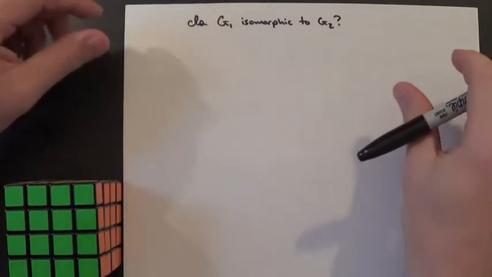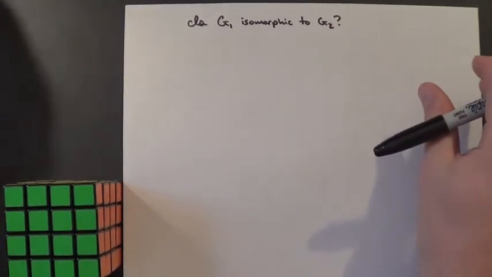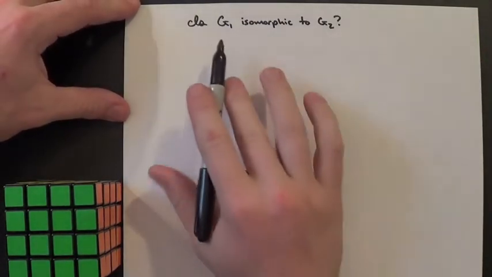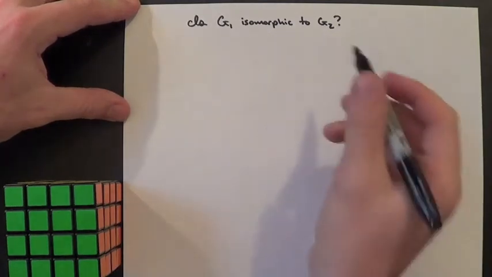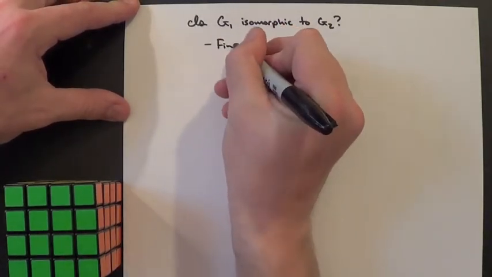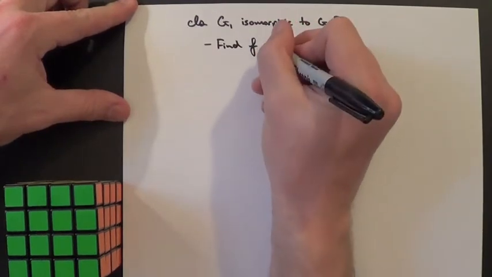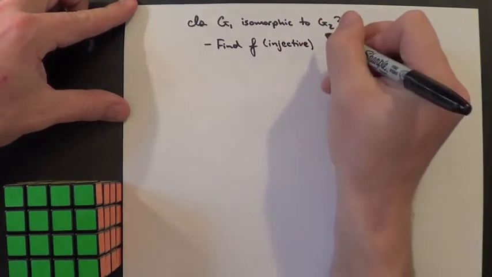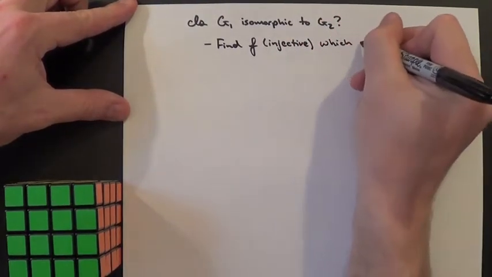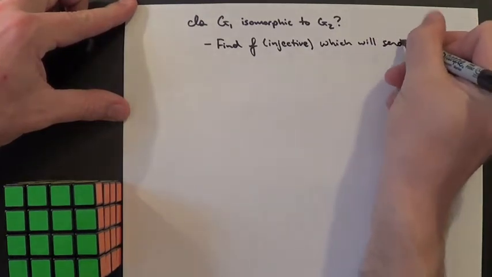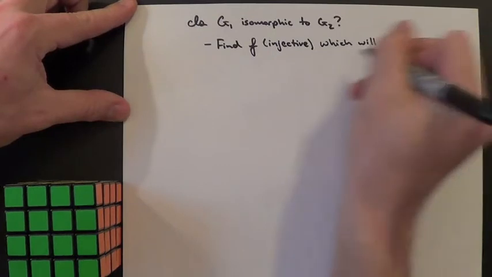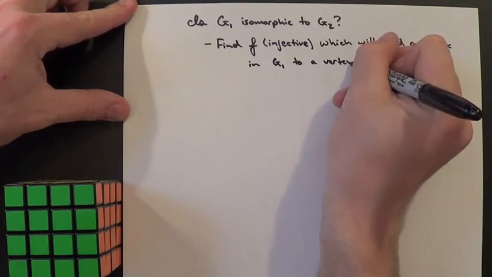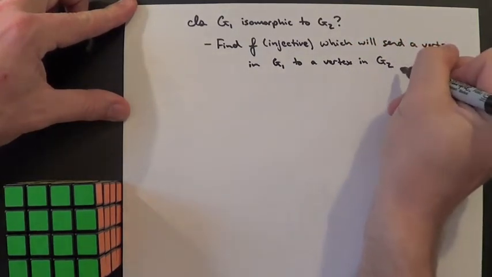I think going into too many variables can get a little confusing, especially with all the different superscripts and subscripts involved. But basically, if we want to show that G1 is isomorphic to G2, we first need to find a function f, injective, which will send a vertex in G1 to a vertex in G2.